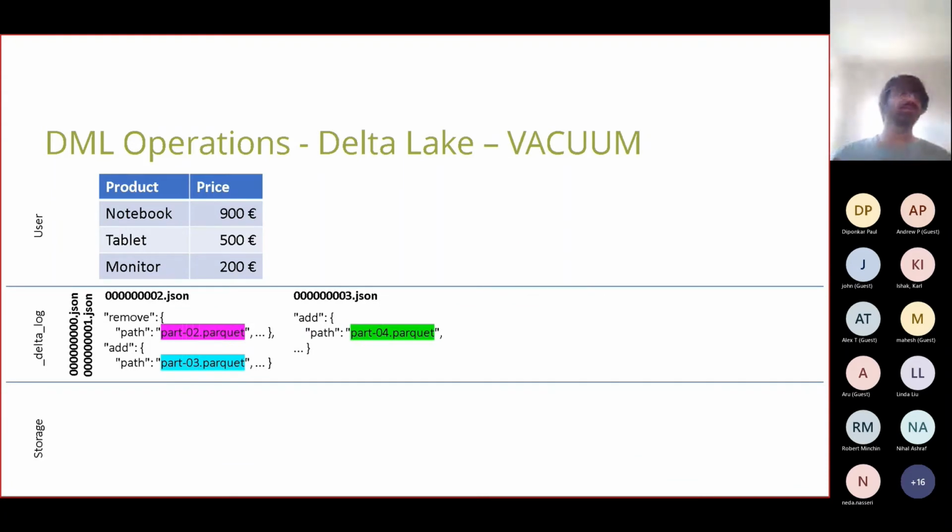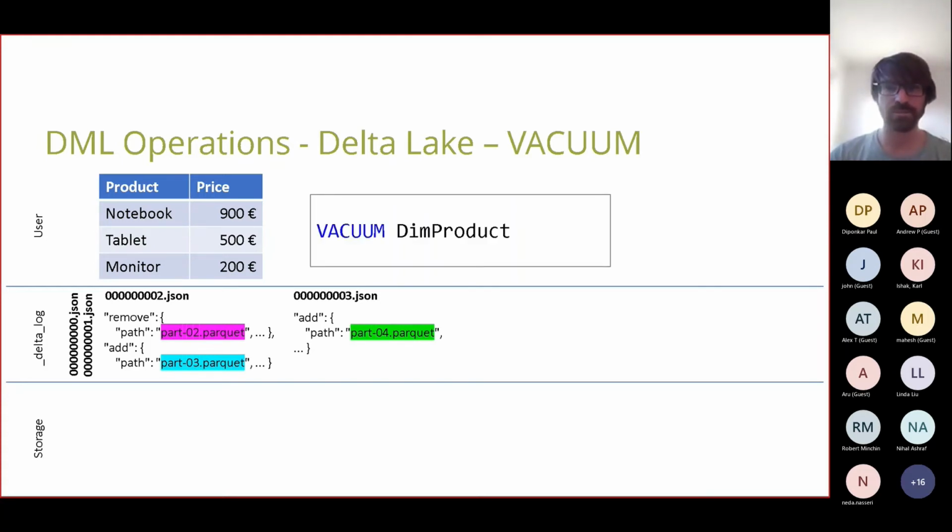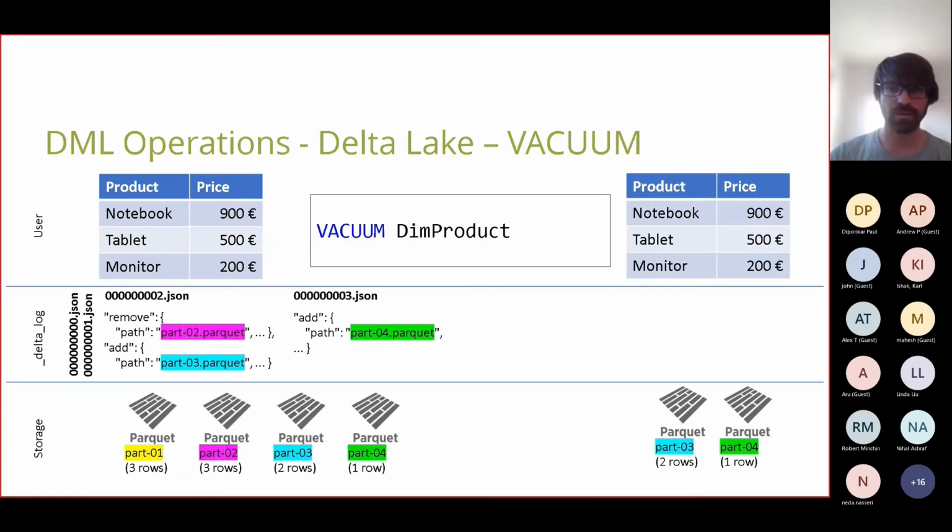To reduce the size of your Delta table again, there is a command called vacuum, which deletes all the files that do not belong to the latest version of the table. So if I run a vacuum on the table, it removes the first file and the second file, because they are not part of the most recent version of the table anymore, and only keeps file 3 and file 4.